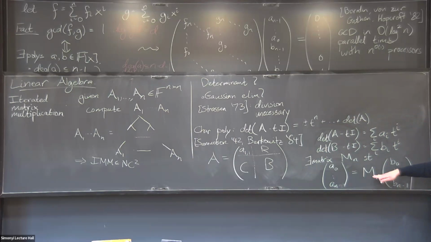So if you can compute the coefficients of B's characteristic polynomial, and you can compute this matrix somehow, you get the characteristic polynomial of A.